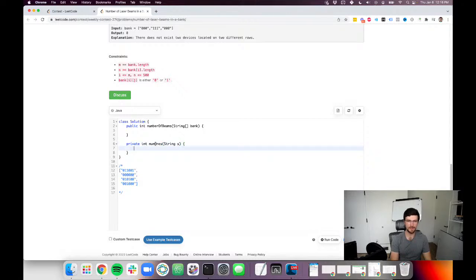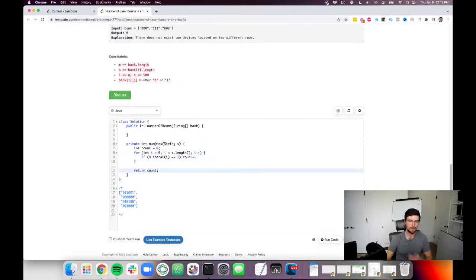We'll just count the number of ones in the string, and then we'll return it. That way we can easily get the number in each row.